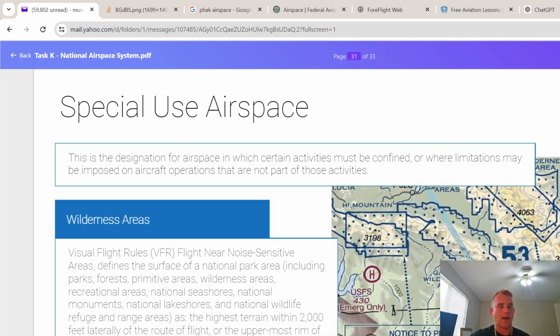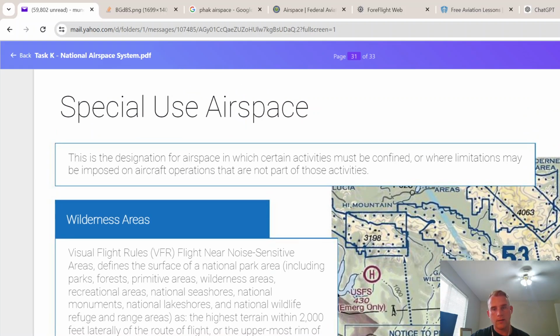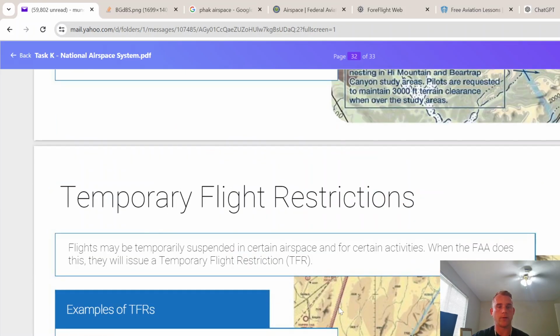And it is the highest terrain within 2,000 feet laterally of the route of flight or the uppermost rim of a canyon or valley. It's depicted by these dots right here. The notice to pilots says pilots are requested to maintain 3,000 feet terrain clearance when over these areas. Don't fly into it.